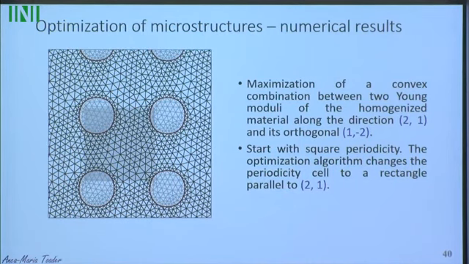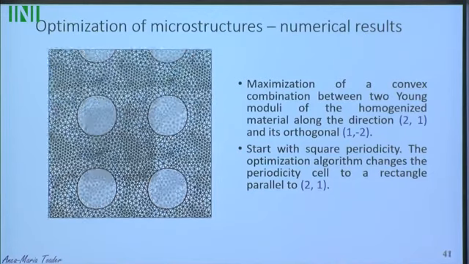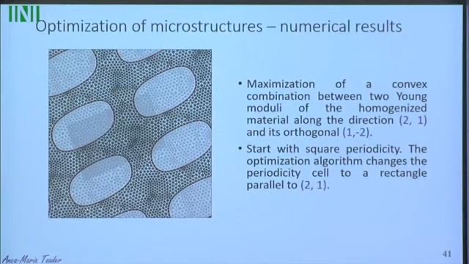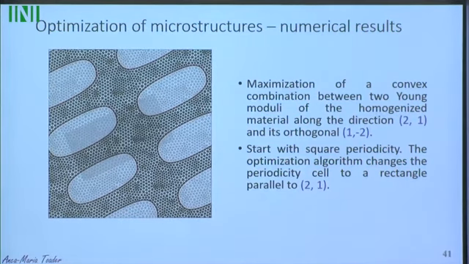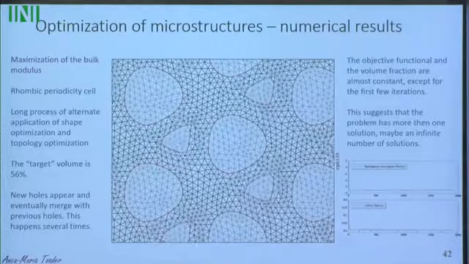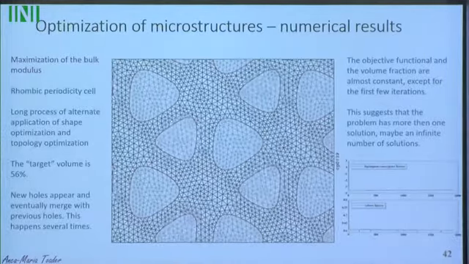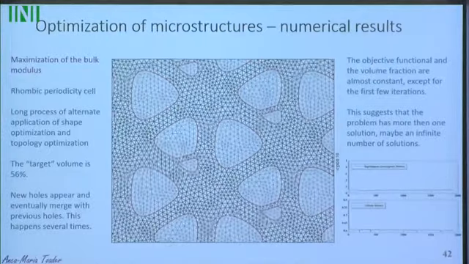And the optimization algorithm changes the periodicity cell to a rectangle parallel to this direction (2, 1). So here it is. Okay. So now let's see this example of maximization of the bulk modulus.